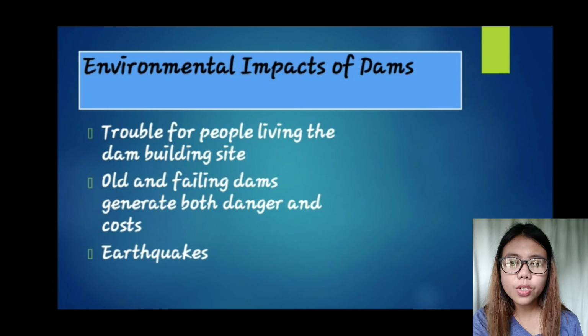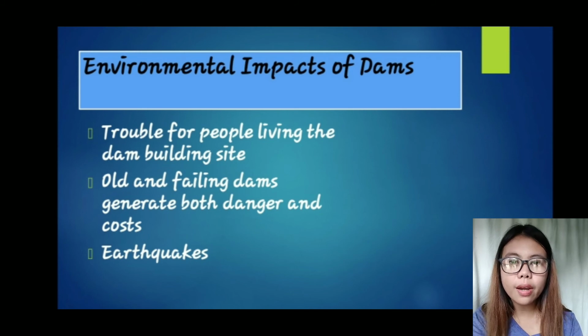Dams also cause trouble to the people who live near or in the dam building site. Dams displace around 80 million people worldwide, from the people removed from the dam building sites to the people who lost their homes due to failed dams. Most of the displaced communities come from impoverished areas already affected by climate change.